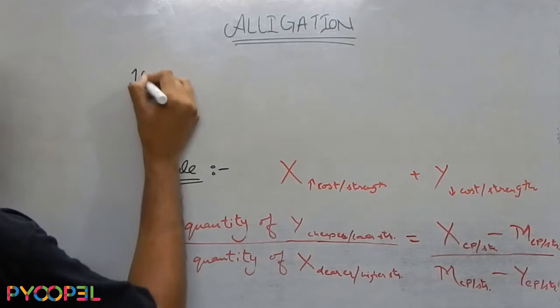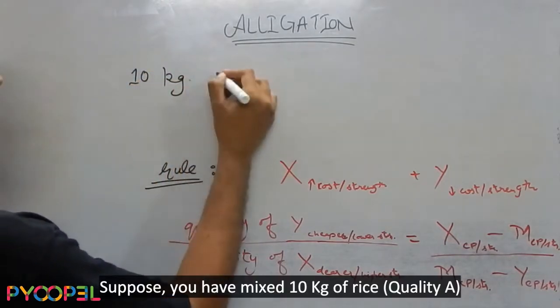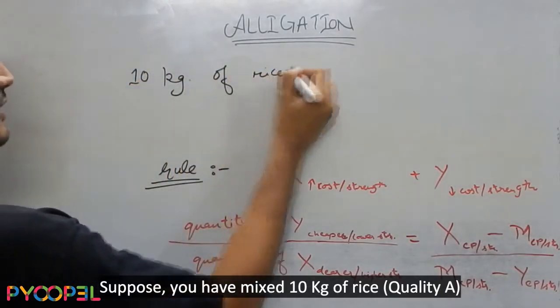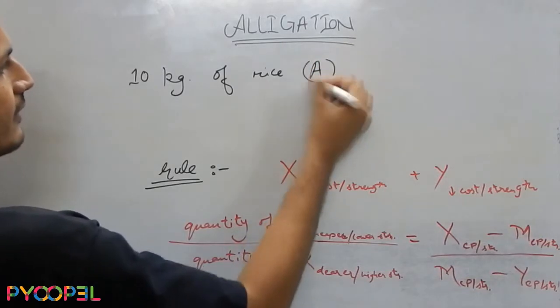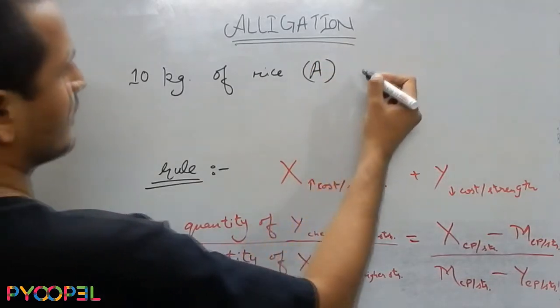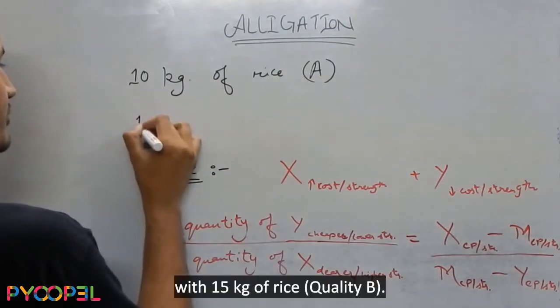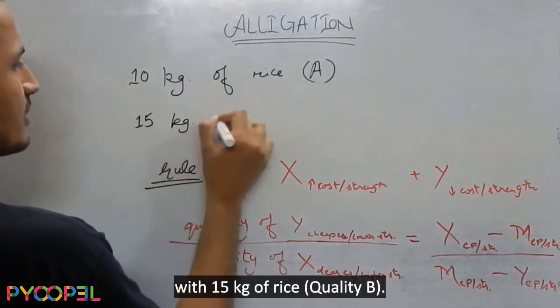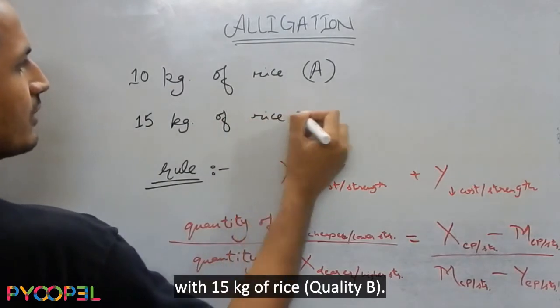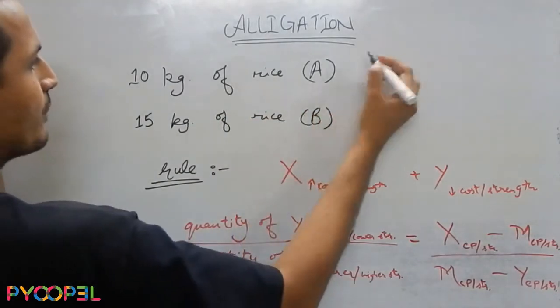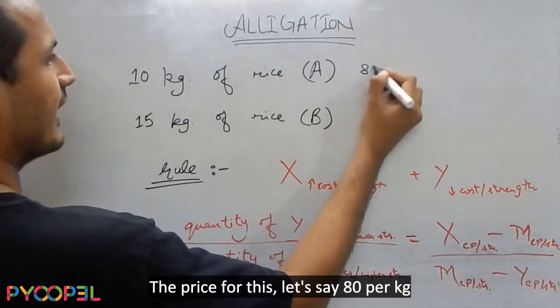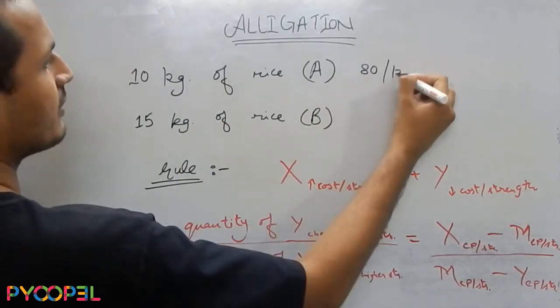Suppose you have mixed 10 kgs of rice, quality A, with 15 kgs of rice, quality B. The price for this is, let's say, 80 per kg.